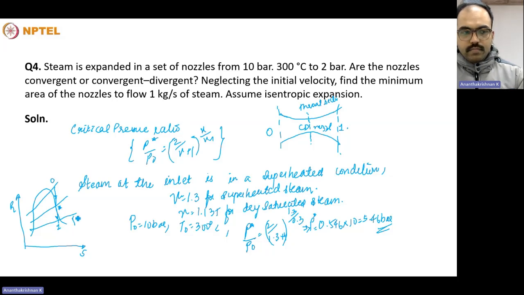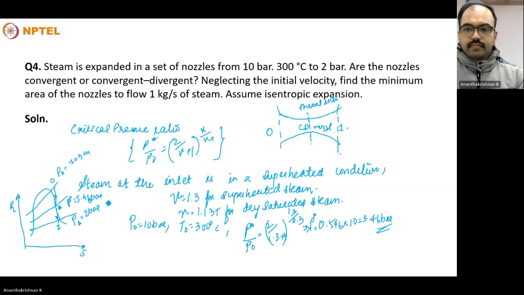So this pressure P1 will be 2 bar and this P0 will be 10 bar, and we have found P star will be equal to 5.46 bar. The nozzle is an isentropic one, right?